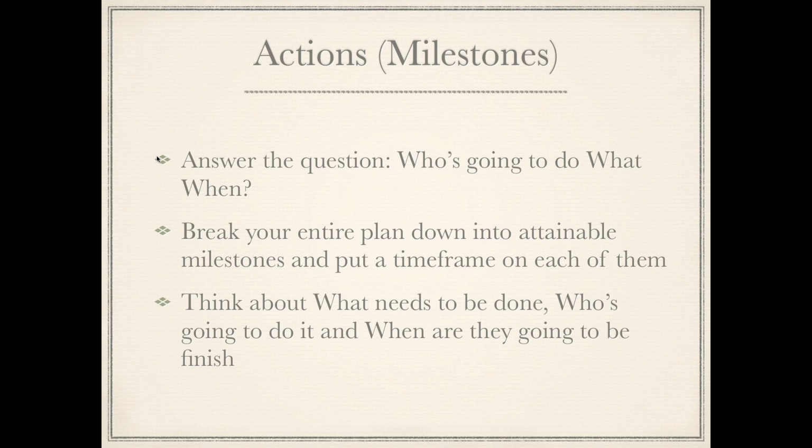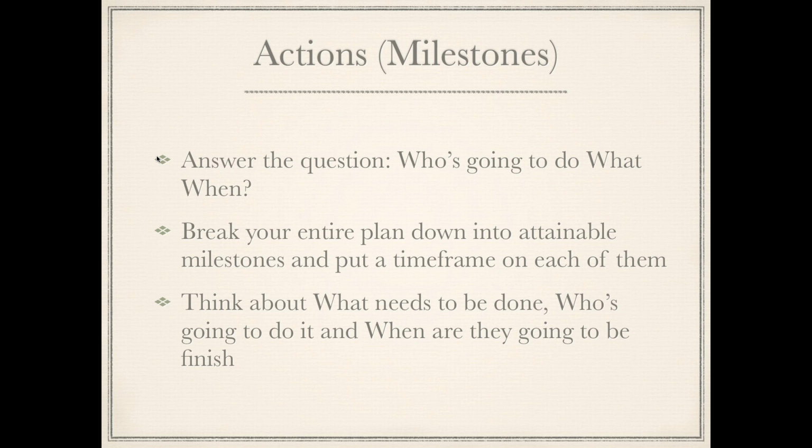This is what I call the accountability box. This forces you to break down your entire plan into attainable milestones, put a time frame on each of them, and attach a person and a resource next to them.